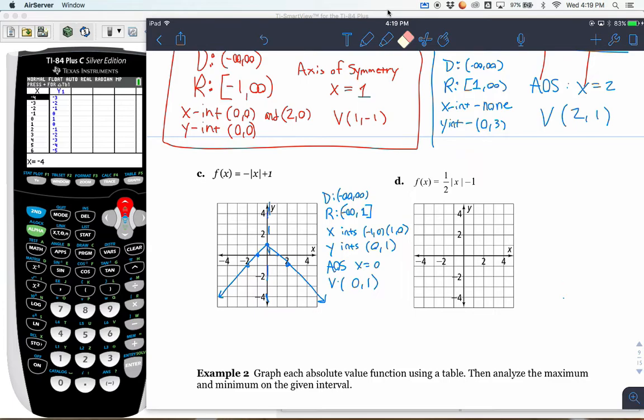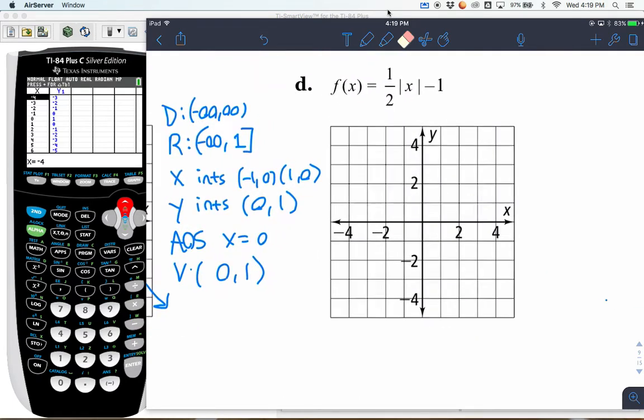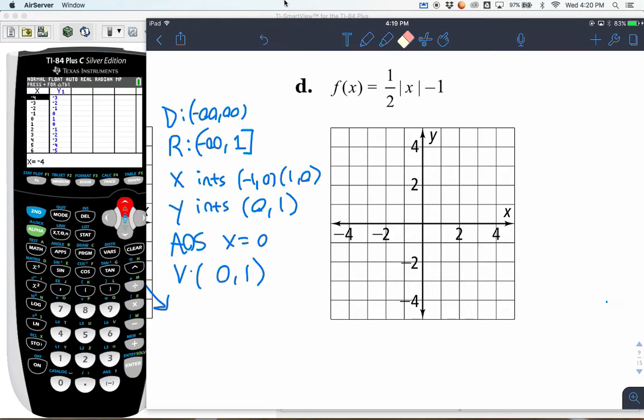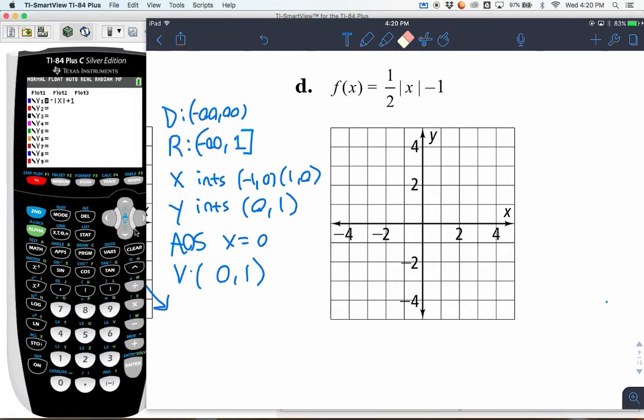So part D, we'll go ahead and do that as well here. We'll quickly use our graphing calculator to kind of blow through this. So what do we have here? We had 1/2 out in front. If you hit second delete, you can actually enter in before the bars right there. So I hit second delete, insert.